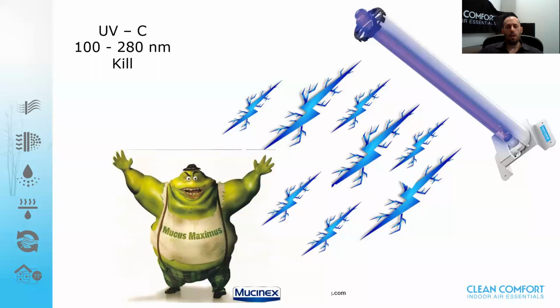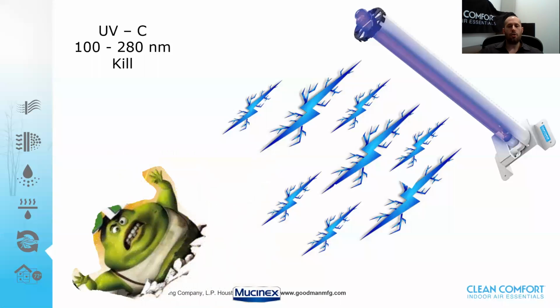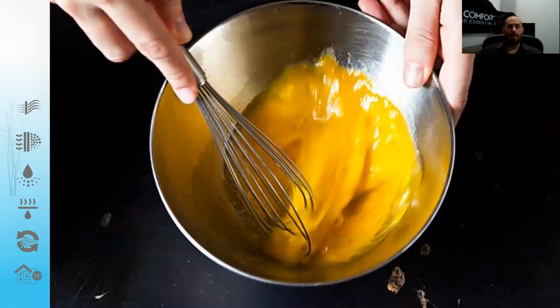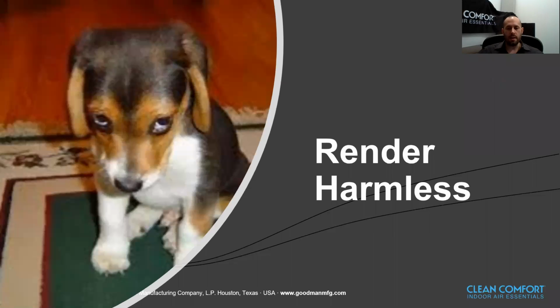UVC is where we start to kill germs, viruses, bacteria, and mold spores. Now, I like to say kill, but what we're really doing is scrambling the DNA or the RNA of that cell. We neuter it and render it harmless. Killing it is just easier for me to say.